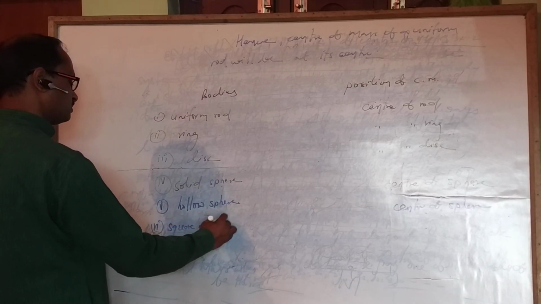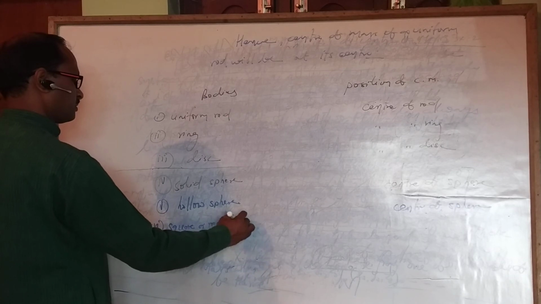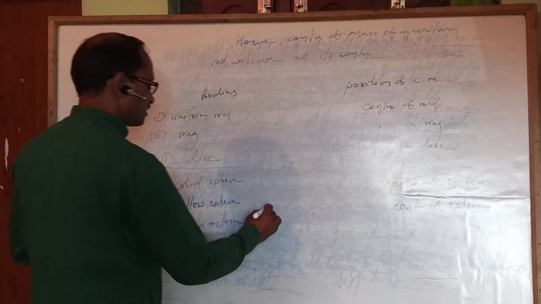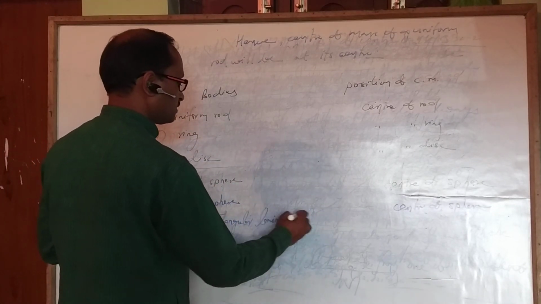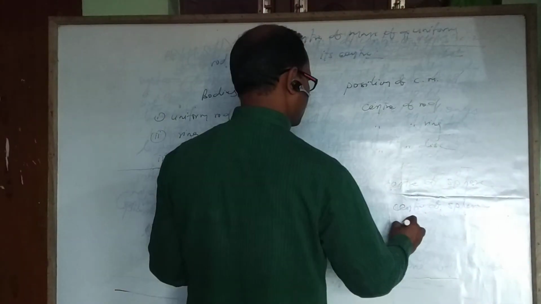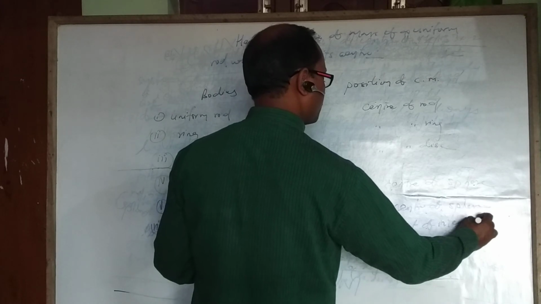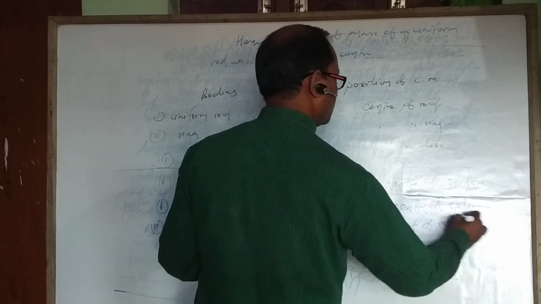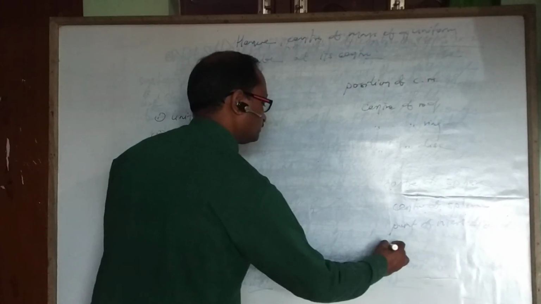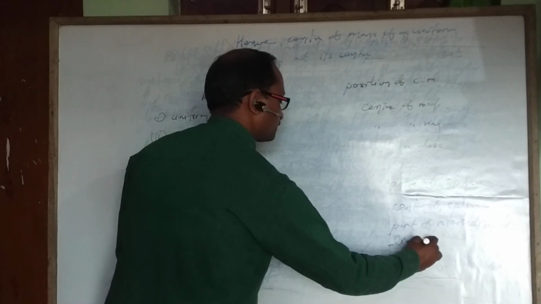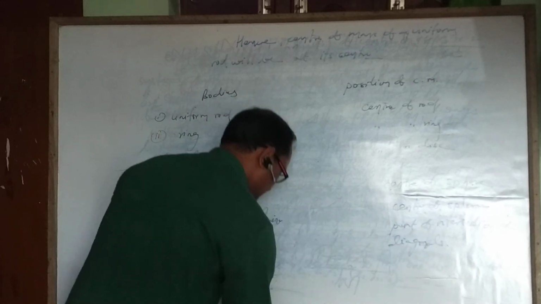Square or rectangular lamina: point of intersection of diagonals.